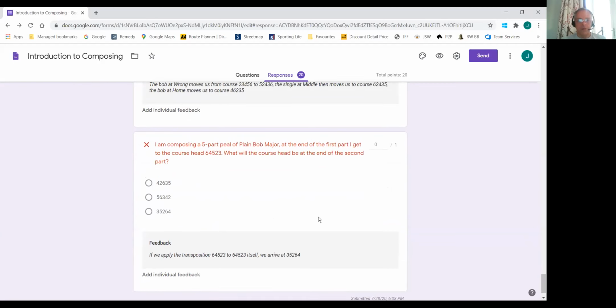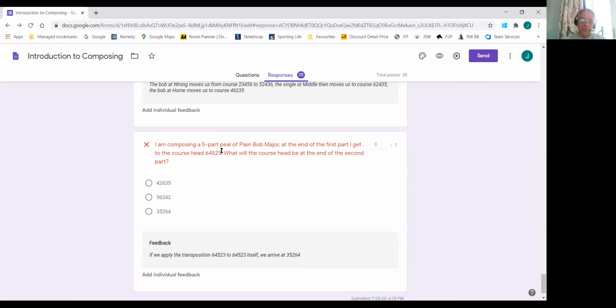And finally, just looking at where we were composing a 5-part Plain Bob Major, if our first part end is 64523, to work out what the next course end will be, we apply that same transposition to itself. So 23456 has gone to 64523, so 6 has basically moved into second's position.